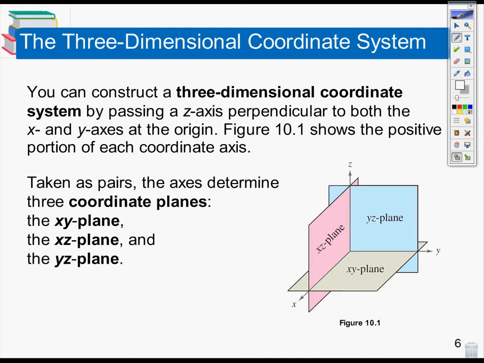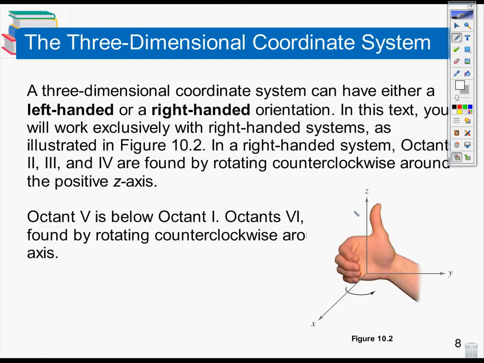So let's take a look at how we are going to orient ourselves with this system. You can either have what's called a right-handed orientation or a left-handed orientation, and it basically is which way you're going to be looking at the system. Always with the z-axis pointed upward, but then how do you look at these octants?